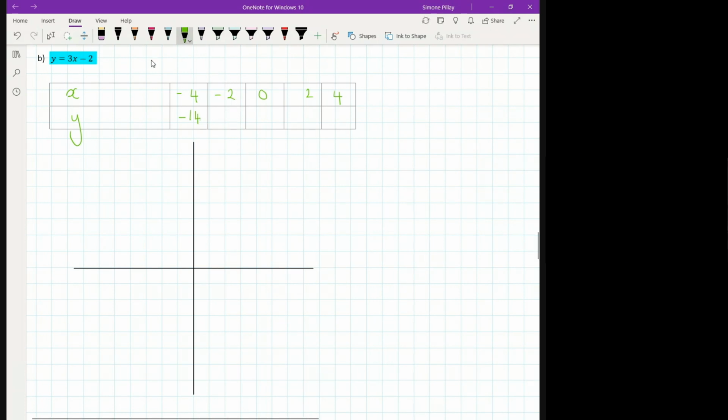Let's try it with -2 now. It's going to be 3 times -2, which is -6. -6 minus 2 gives us -8. Beautiful. Thank you. Okay, 3 times 0 is 0. 0 minus 2 gives us -2.